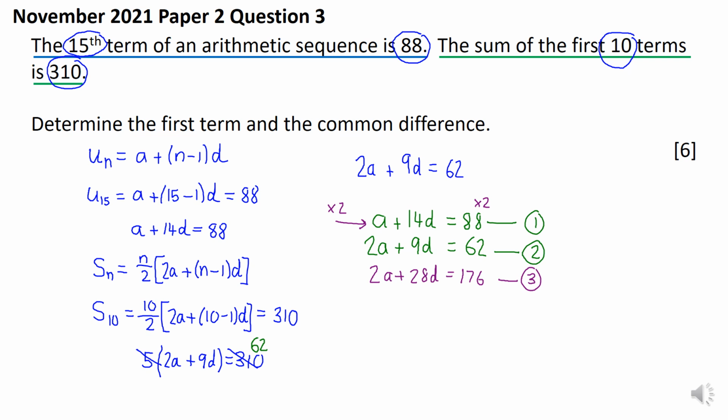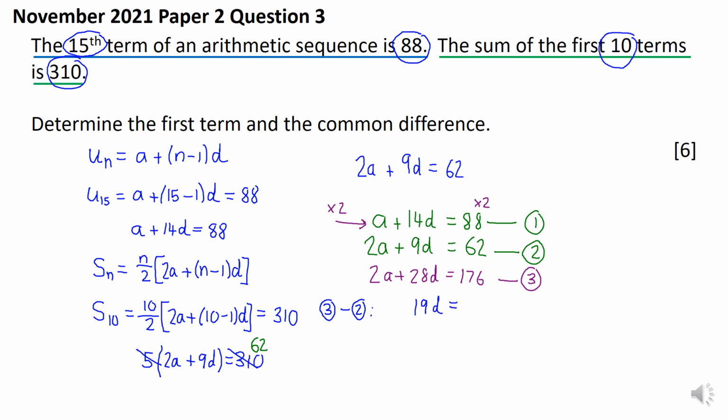So let's do that. So we do equation 3, take away equation 2, which gives us 2a, take away 2a is 0. 28d, take away 9d, leaves us with 19d.